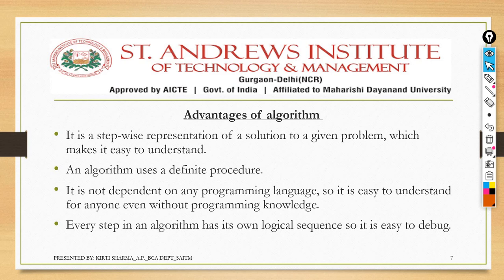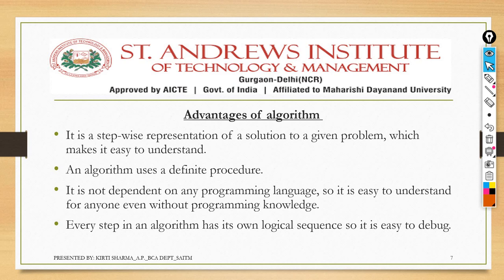The last one is, every step that we write in the algorithm is user based and totally depends on the logic of the user. Whatever logic he or she wants to put to solve that particular problem, he or she is free to do so. It is possible that for a problem one or more solutions exist.